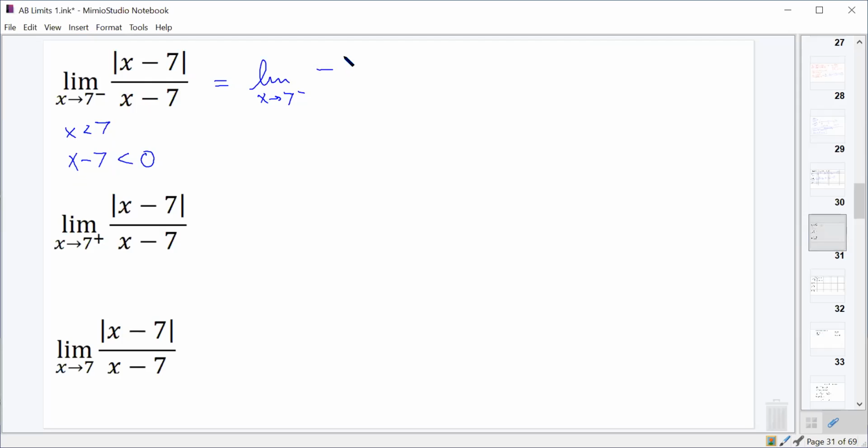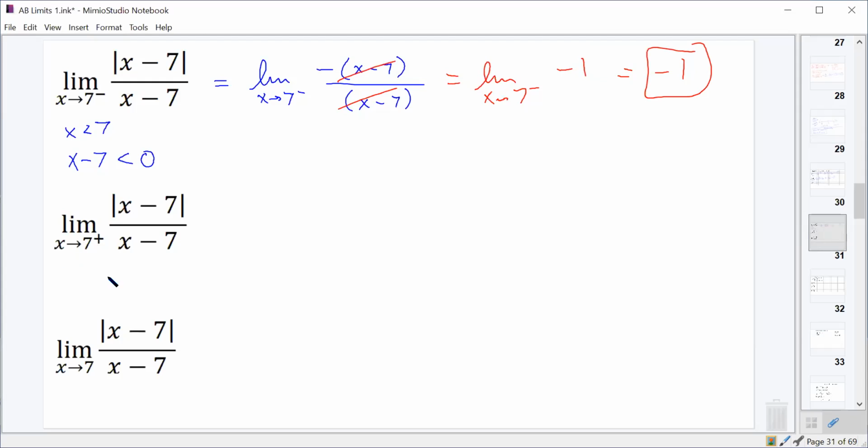So this becomes the opposite of x minus 7 over x minus 7. Everybody good with that? This is the one page I added into today's notes. So now we just have the limit as x approaches 7 from the left of -1, which is -1.